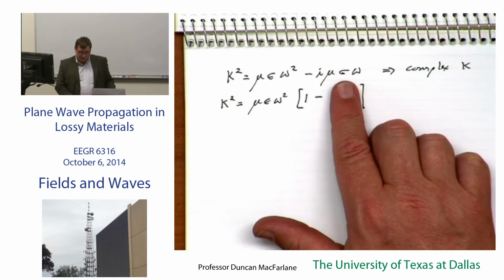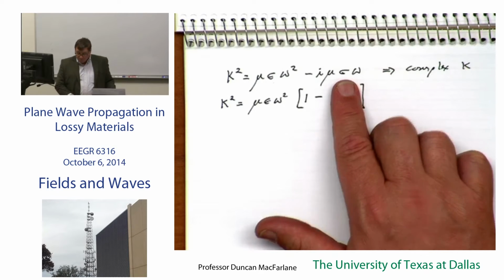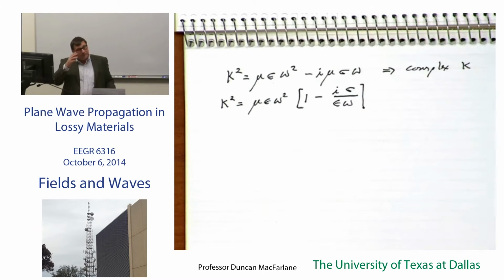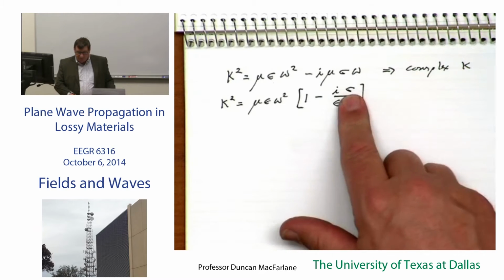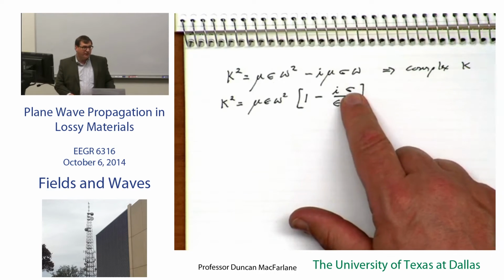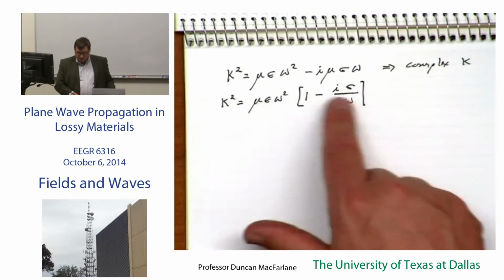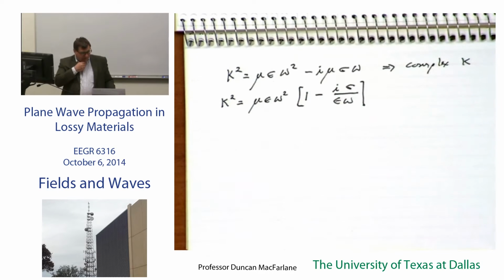So that relates the wavelength to the frequency to the speed of light in that material. Just what we had before. But now we have this additional term where because of sigma, because of the loss, that relationship gets a little bit more complicated.